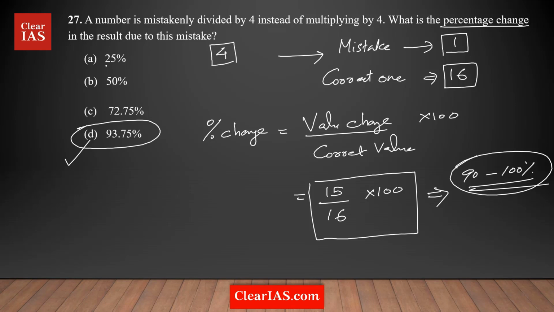Try to play around with these numbers. 25% of 16 is very simple, 1/4. If it was 4 upon 16, multiplying by 100, then this is going to be 25%. You should have a clear idea about that. Here it is 15, so 25 doesn't work. 50% means half. Half of 16 is 8.